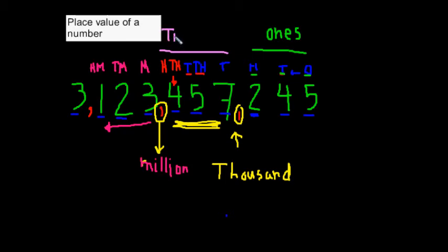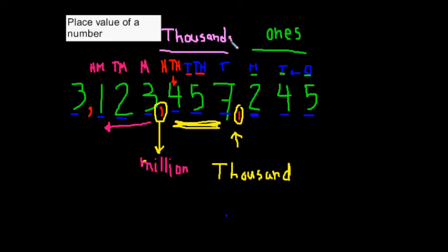If you see 2, 4, and 5 are in ones, that means its place value is ones, tens, and hundreds. And what happens here? I am writing thousands. So these numbers, 4, 5, and 7, are in thousands.